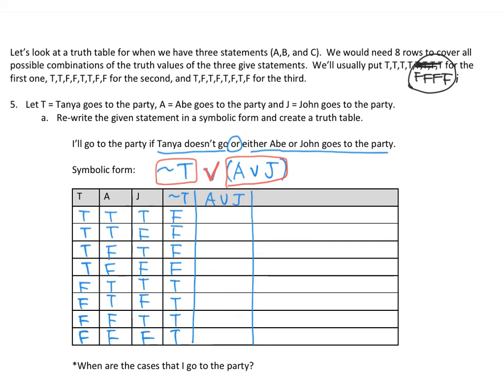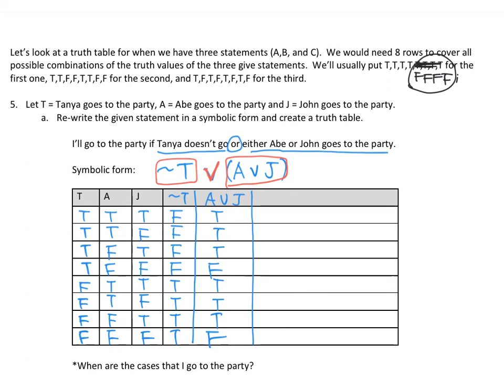The fourth one, and the last one. So F, F, F. I think that's the only time they're both false. Everything else is either true-false or true-true, so everything else is going to be true.